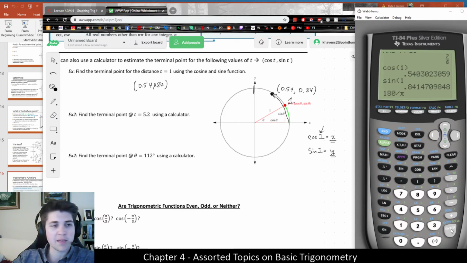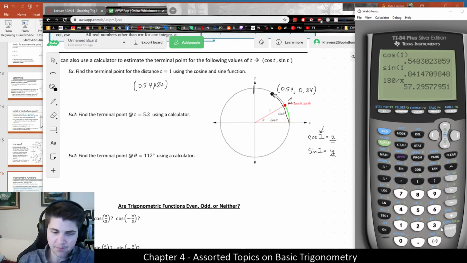This will actually give me the degree value of 1 radian. So 1 radian is actually equal to 57.3 degrees. And that helps us to see the correlation here.